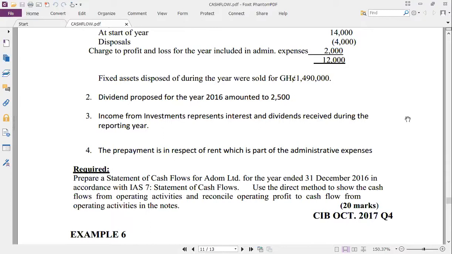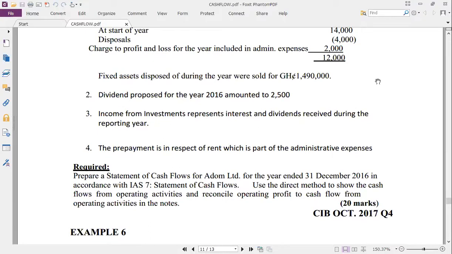If you do have any question, kindly ask. If there are no questions, then this is how far the good Lord will bring us. On that note, that is the end of cash flow statement. Next week, we are doing ratios.